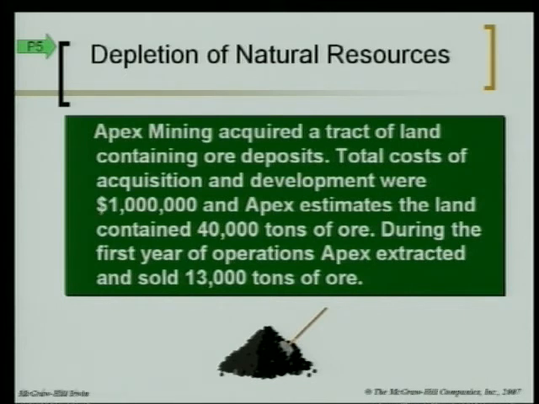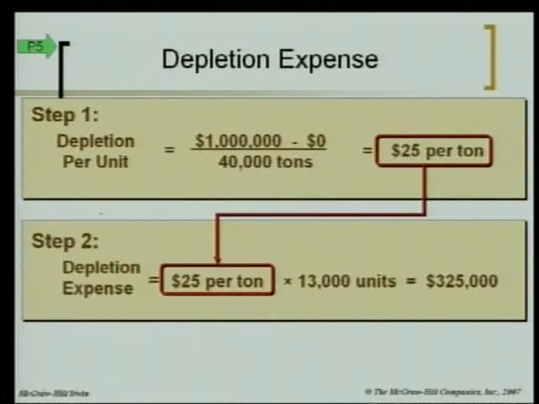Now, during the first year of operations, we extract 13,000 tons of ore. Let's figure out the journal entry to record depletion. There's zero salvage value on this, so we take $1 million cost minus the zero salvage value, divided by the total amount of ore that's in there as an estimate. 1 million minus 0 divided by 40,000 tons means we are going to deplete $25 for every ton that's extracted in a year.